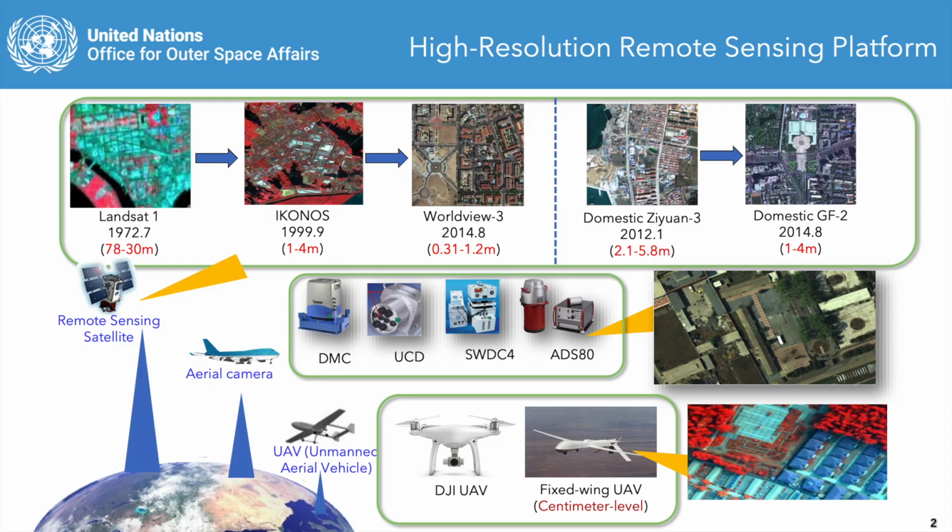At the same time, UAVs and aerial cameras can provide even finer observations, sometimes reaching centimeter level resolution. These platforms form a multi-scale observation system supporting regional, urban, and object-level remote sensing applications.